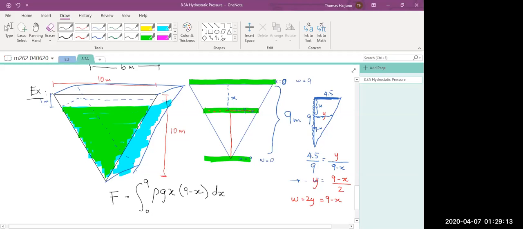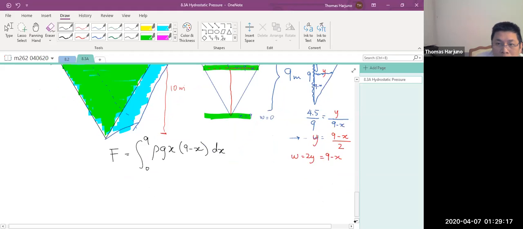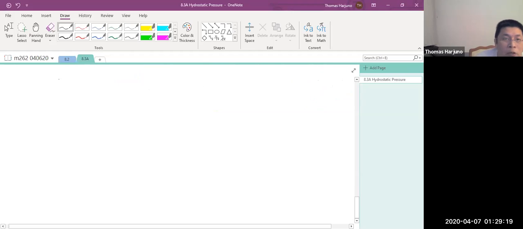Okay. Let's do another example, and then we'll do problems from the book. Suppose, for example, I have, let's say this is the surface of the water, and then I submerge a semicircle. Let me make it big enough.